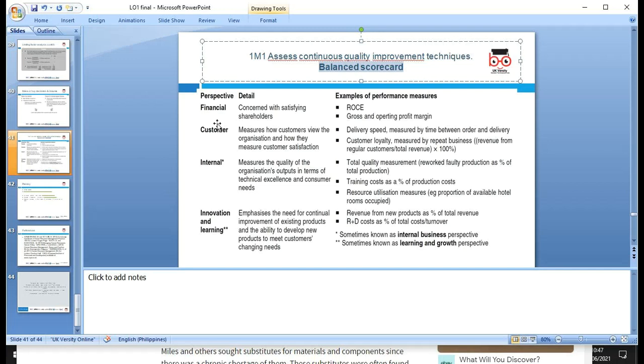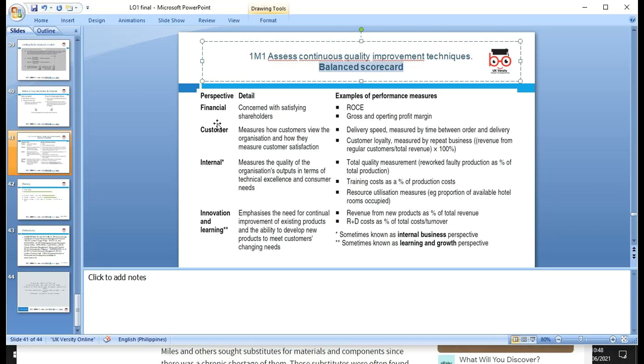Then always look at the customer perspective: delivery speed, time of delivery, sales surveys, always measure that. Internal perspective: always look at total quality management, everything we do on quality, we provide training to our staff. That's the internal perspective. Then you do the innovation and learning perspective.